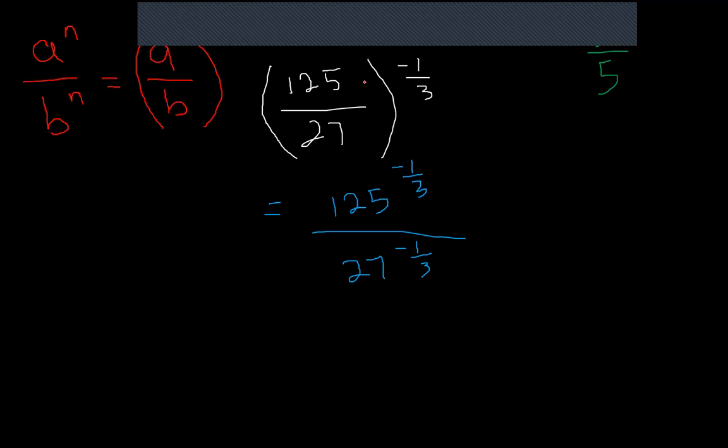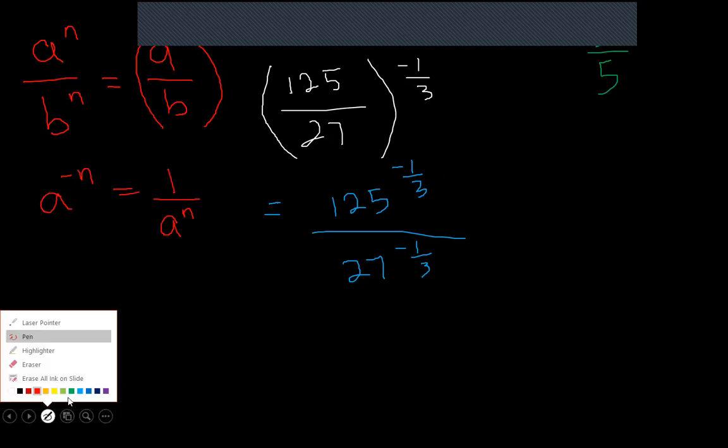You could just punch this into your calculator and get the answer, but that's not the purpose of this class. It's for you to be able to use the laws of indices to solve problems, right? So the next law I could use is this one: a to the power of minus n is the same as 1 over a to the power of n.